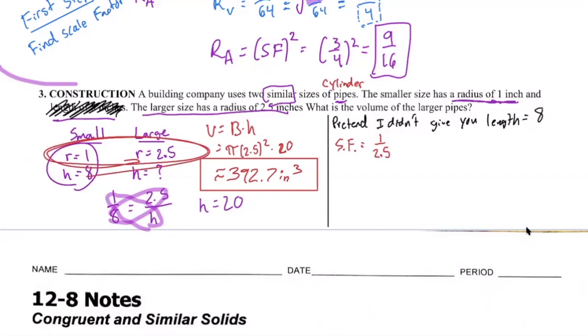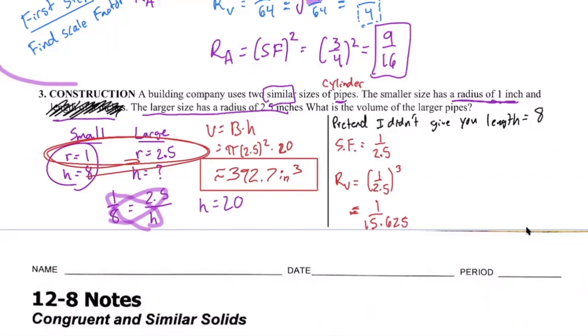Now I'm trying to find volume. So what should I do with this scale factor? 1/2.5, and I need to cube it. And this would get me 1/15.625.